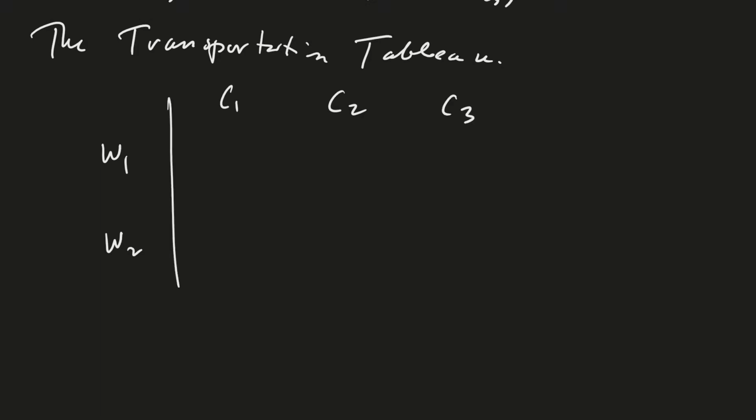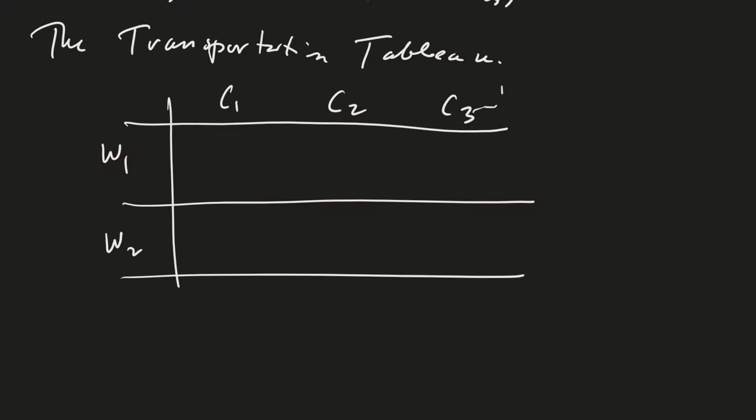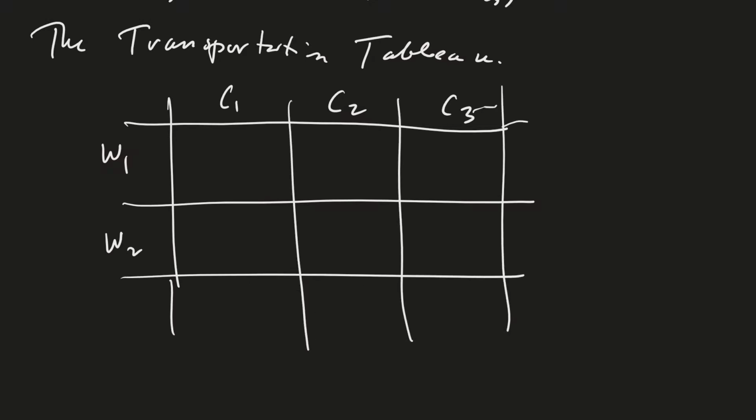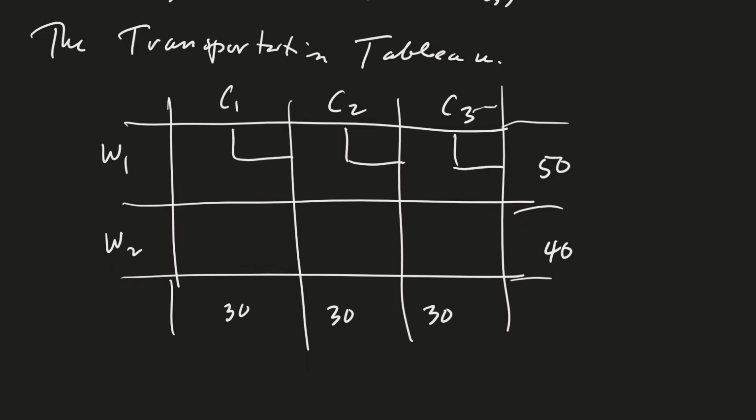Okay, and then in this tableau, we're going to mark off our values here. So this is going to be our total for warehouse 1 is 50, 40, and then the demand was 30 for each of our customers. And then what I'm going to do is put the costs in a little box in the corner here.